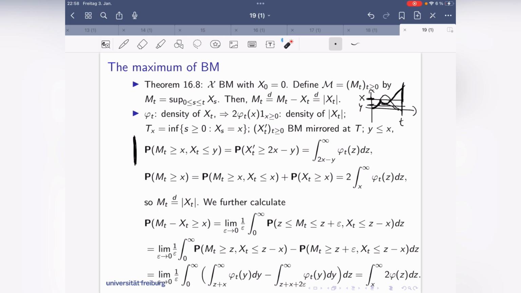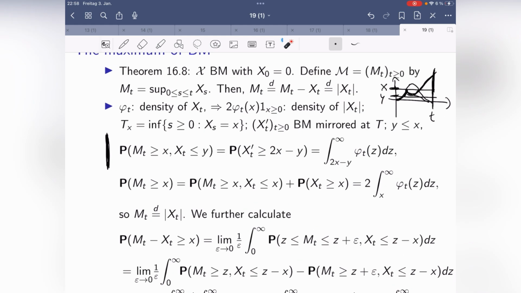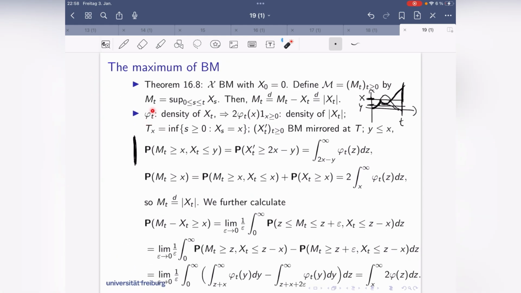Well, and how do you compute this? Let's say phi_t is the density of X_t, so of X at time t. So the density of the absolute value of X_t, so what can happen in absolute value of X_t?